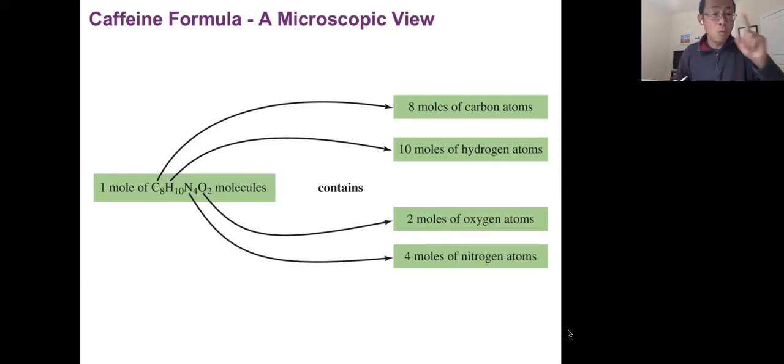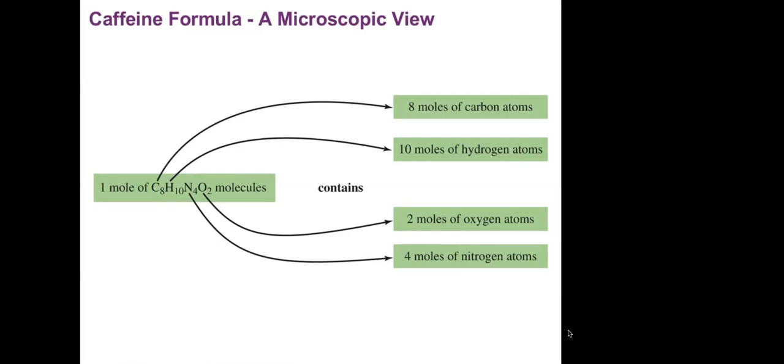That means 1 mole of caffeine contains 8 moles of carbon, 10 moles of hydrogen, 4 moles of nitrogen, and 2 moles of oxygen. Why? Because those are the numbers from the subscripts. That's what the subscript tells us. If you understand, yes.